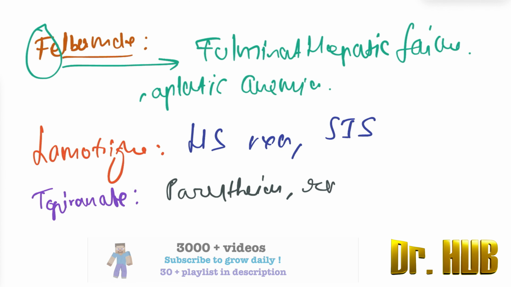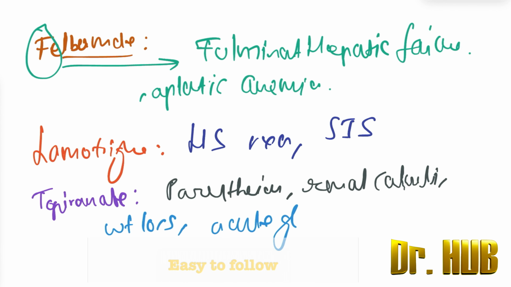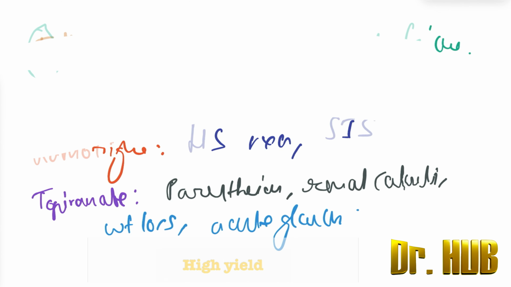Next, there is also renal calculi. Then comes weight loss, as well as acute glaucoma. So to repeat, there was paresthesia, renal calculi, weight loss, and acute glaucoma.